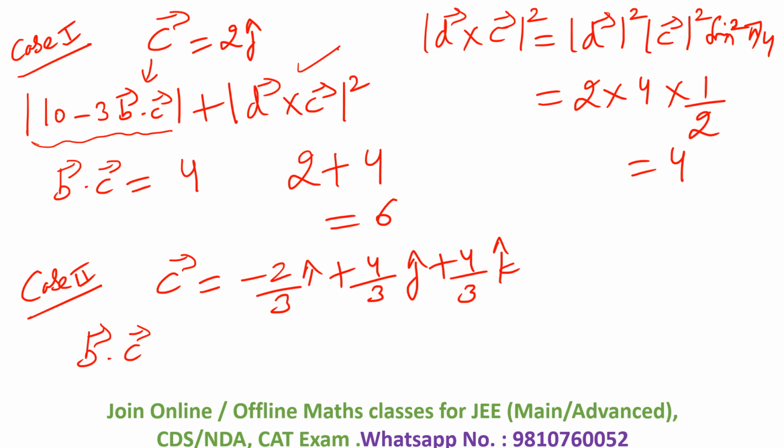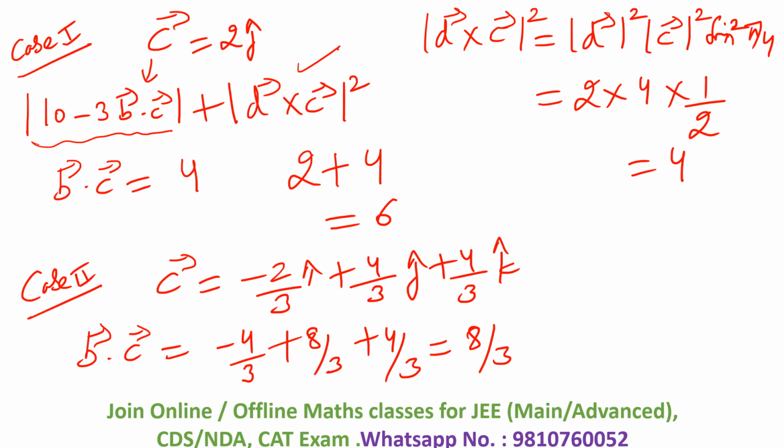So this value is unchanged. That is, this value is again going to be 4. But the value of b dot c will change. Now b is 2i plus 2j plus k and c is in front of you. So b dot c becomes minus 4 upon 3 plus 8 upon 3 plus 4 upon 3. And this becomes 8 upon 3.